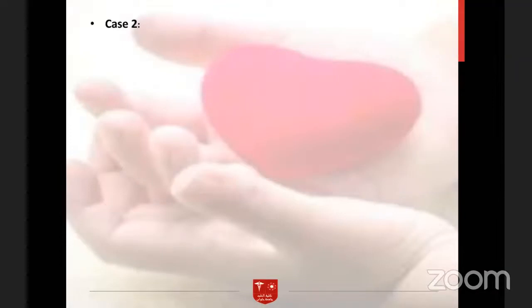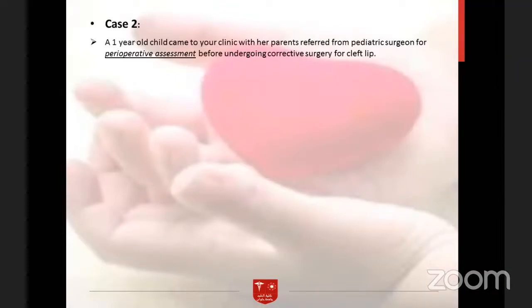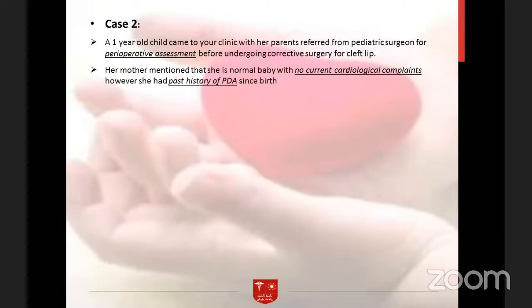Case 2, a 1-year-old child came to your clinic with her parents, referred from a pediatric surgeon for preoperative assessment before undergoing corrective surgery for cleft lip. Her mother mentioned that she is a normal baby with no current cardiological complaints. However, she had a past history of PDA since birth, which wasn't followed up.